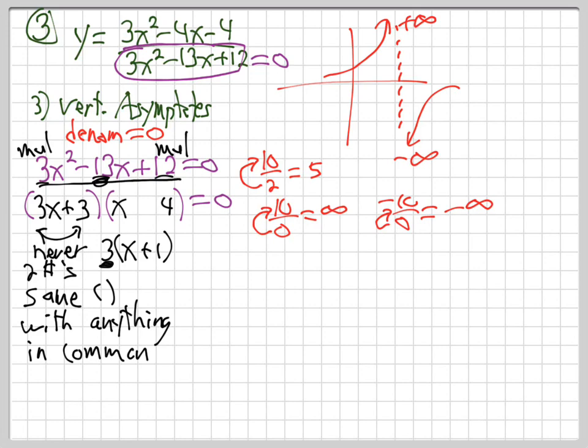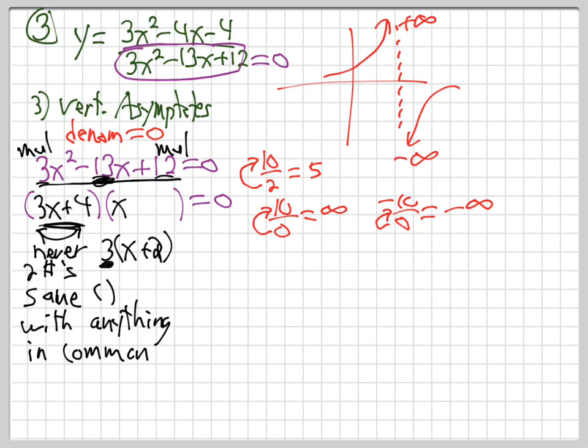Can't be, right? You couldn't put a 6 here either, because again, you would take out a 3, and that would be 3 times x plus 2. That would have a 3 in common, and we never had a 3 in common from the beginning because 3 never went into 13, so there can't really be a 3 in common later. So you're never going to have two numbers in the same parenthesis that have anything in common. Let that speed you up in your factoring.